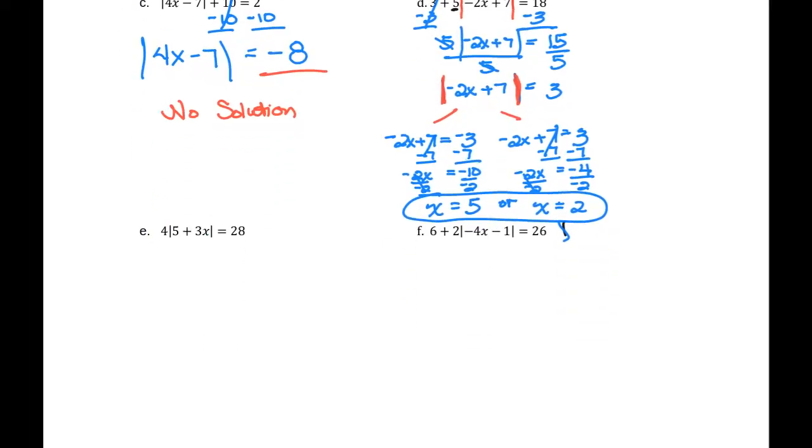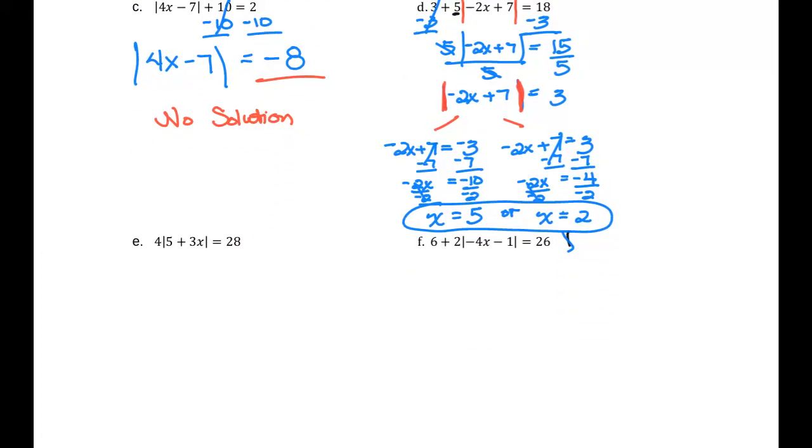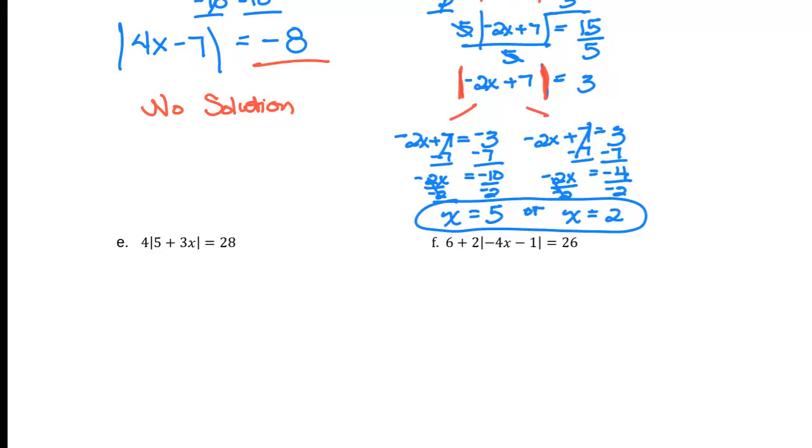Right? All right, let's see you try. Should I give you a tough one or an easier one? Why isn't that erasing? There we go. How about you try F on your own? F. I'll walk around to see how we're doing.